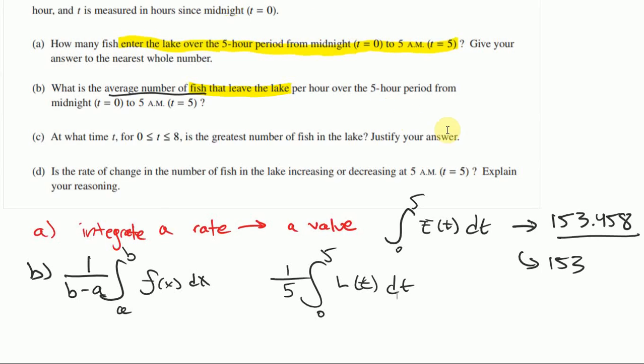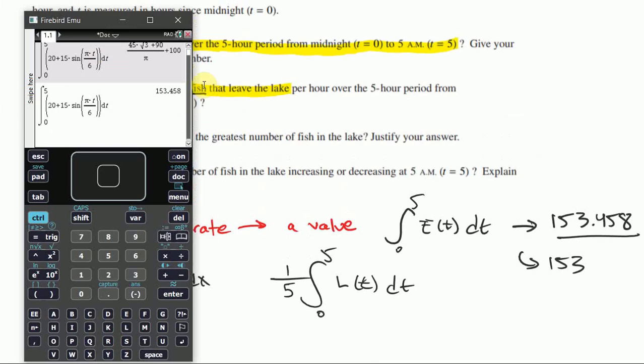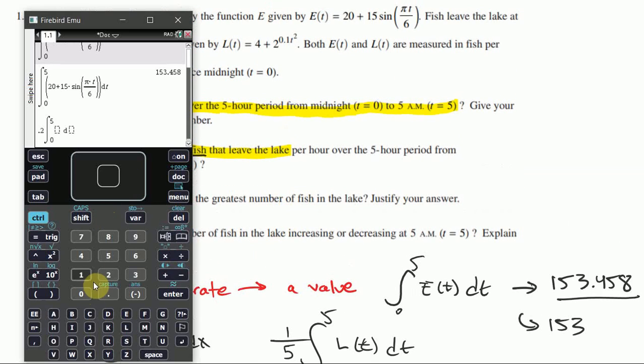And now we're going to do the same thing as before. Let's get our calculator out. 1 over 5, just 0.2, times the integral from 0 to 5 of this L of t, which is 4 plus 2 to the 0.1 t squared, dt.